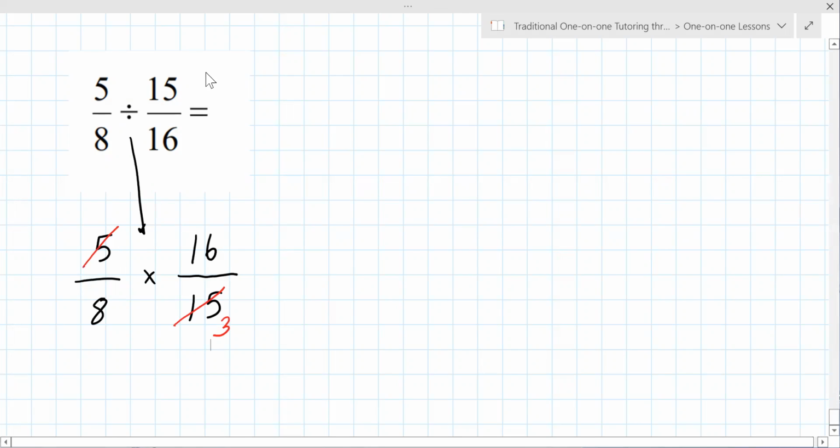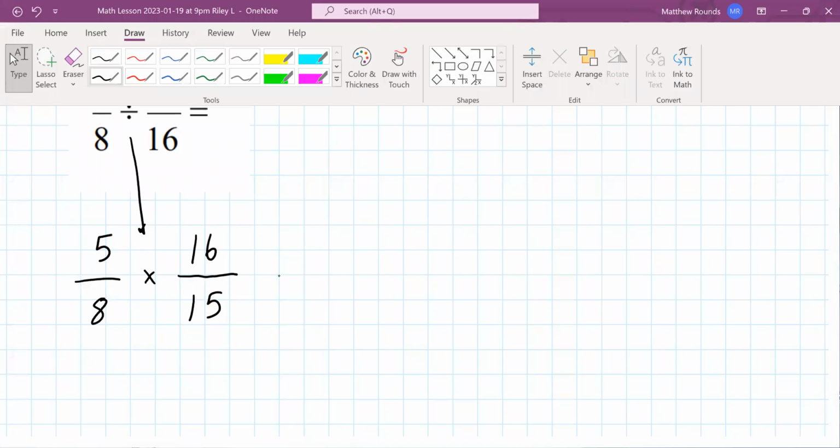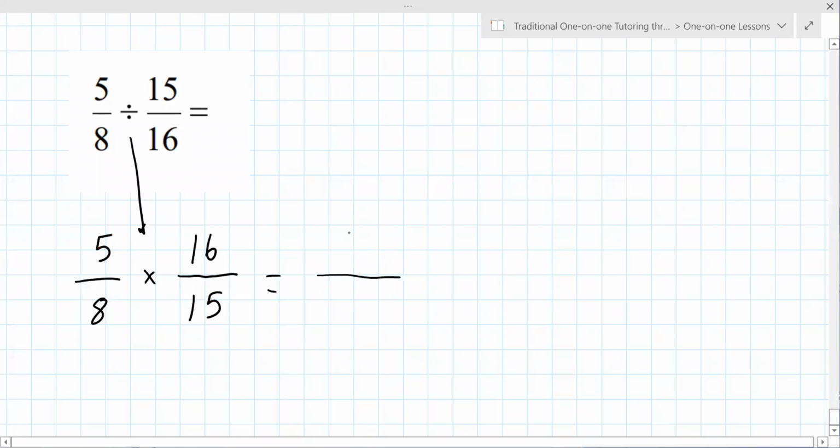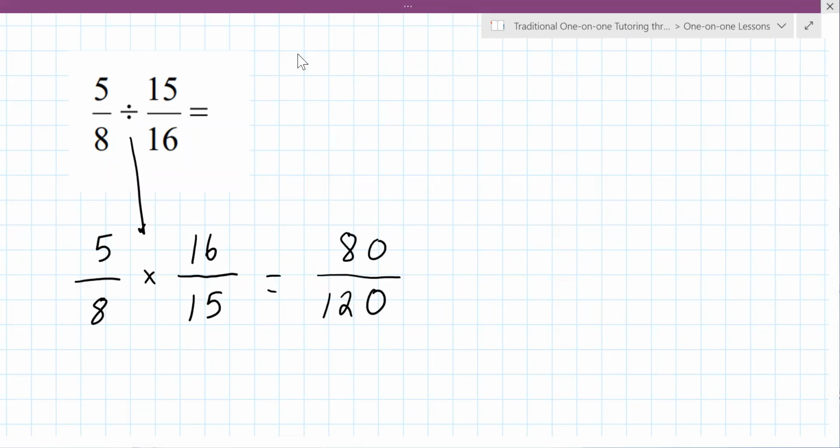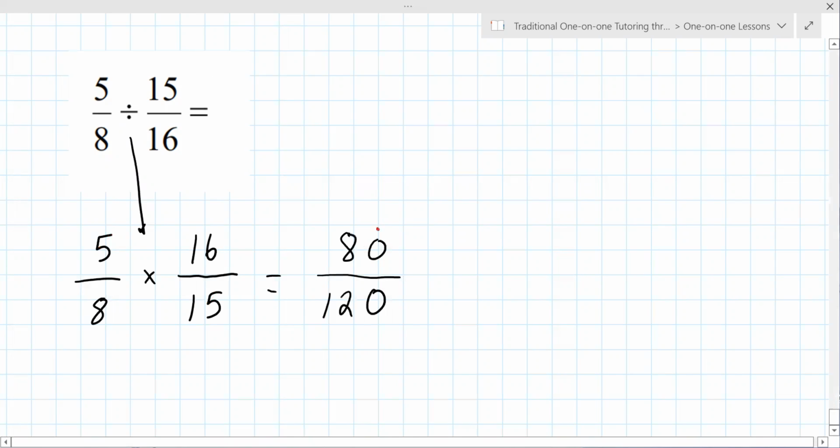Okay, so let's not do that for this problem. Let's just straight multiply these, and you'll see that the numbers get a little large, but it's totally doable. 5 times 16 you'll find is 80, and 8 times 15 is 120. What should we do with the zeros? Cross them out. That makes it a lot easier because then it's 8 and 12. And so you said you didn't know anything about canceling, but you just did it.